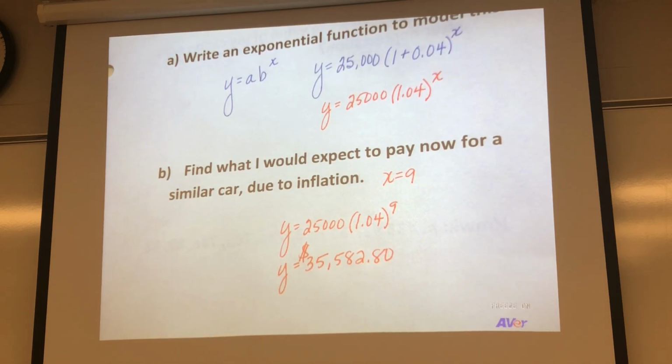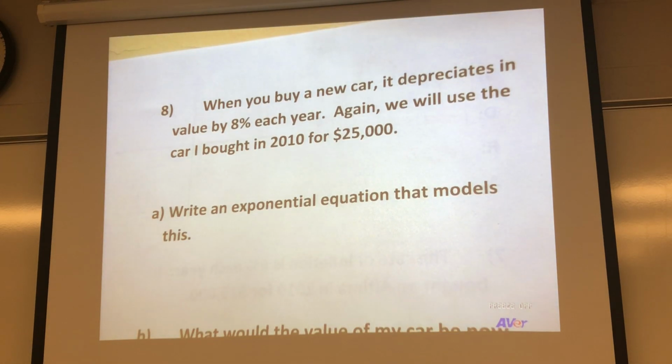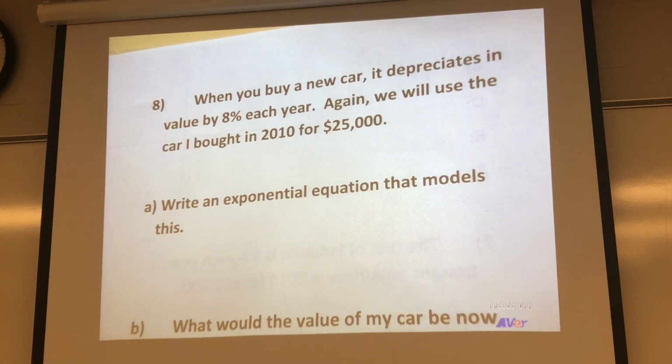All right, let's try another one of those. Again, another car example. When you buy a new car, it depreciates in value 8% each year. So if we take the same car that I bought in 2010 for $25,000, we want to write an exponential equation.